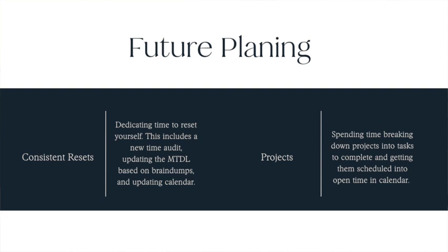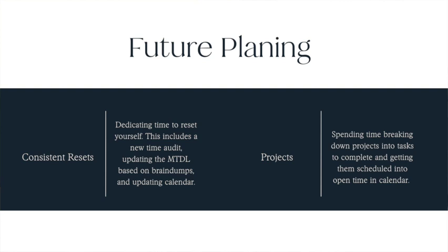So if you're doing a reset on Sundays for the upcoming week, you're going to want to look back and see what things have been added to your master to-do list, maybe do a new brain dump for the things coming up in the next week, and really looking at your calendar of your book time versus your open time. So you're basically resetting and planning and looking at what needs to be updated and fixed as you're moving forward into the future.